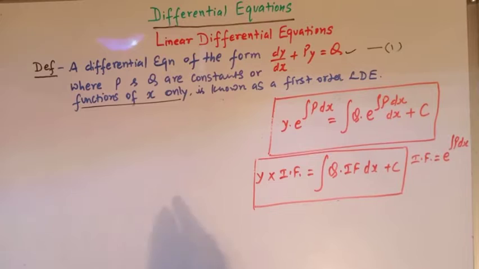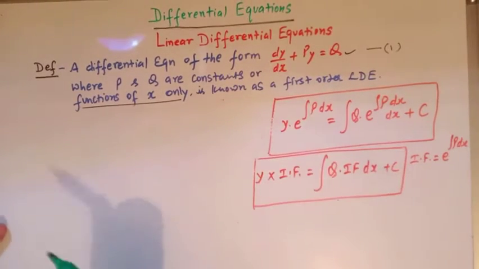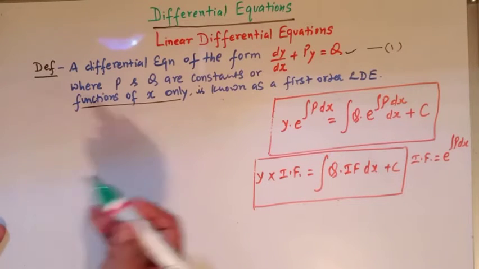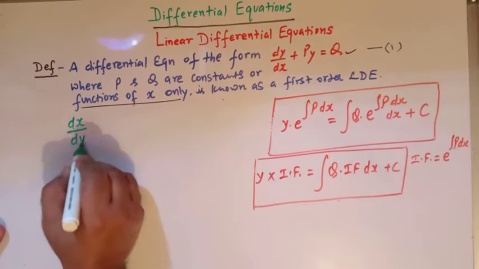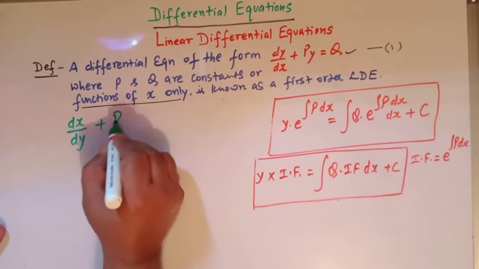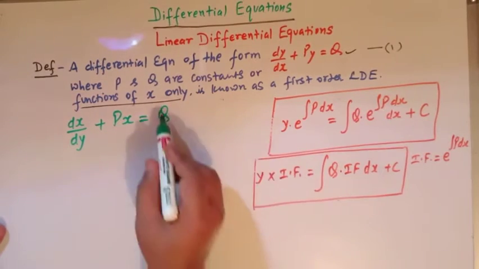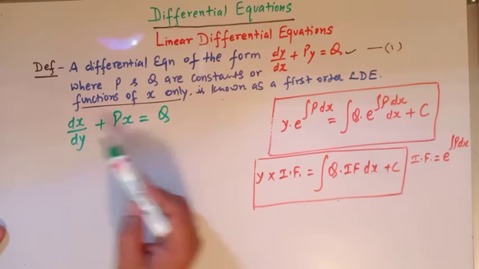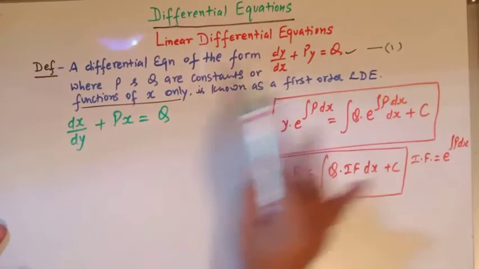And now viewers, here we have the linear differential equation of this form, but in some cases we may have a linear differential equation of this type also: dx over dy plus px is equal to q. Clear? So here we have dy over dx, here we have dx over dy, here we have py, here we have px, and here we have q.